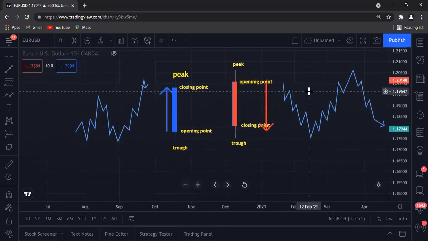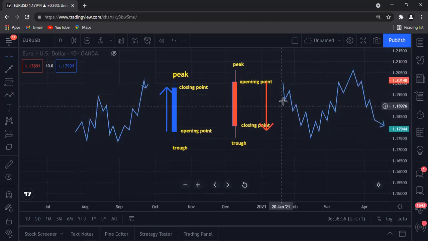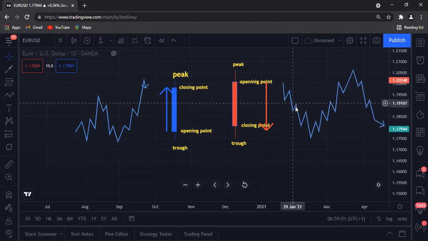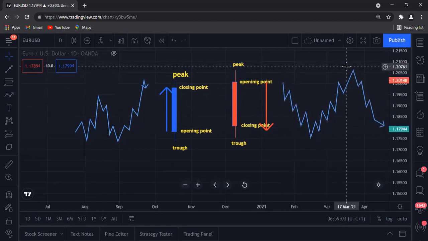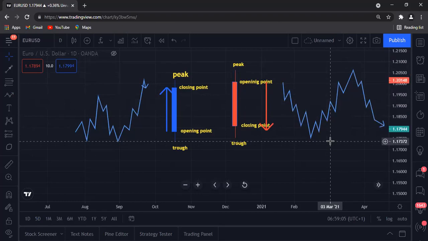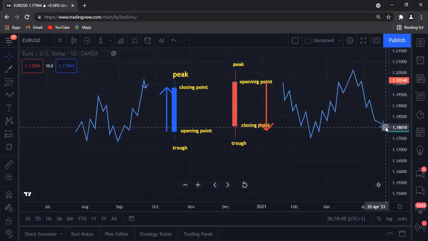But this is the bullish. Look at the bearish. It opened here. Whichever way it went, it got to its peak, came back to its trough, and closed here.